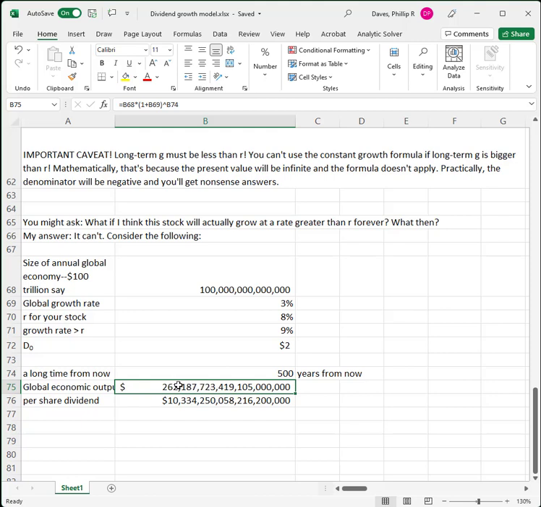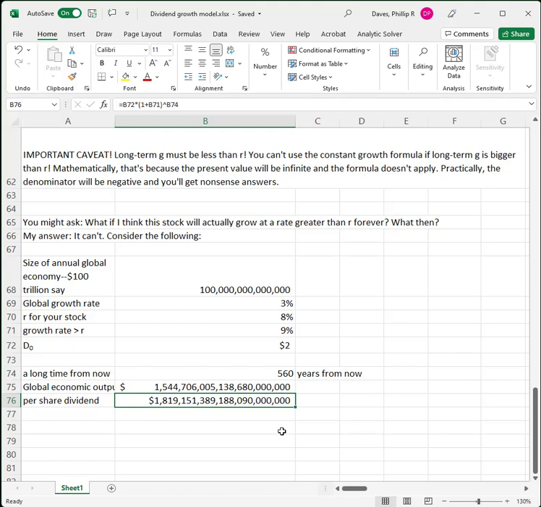That's a lot. And we have a per share dividend that's pretty doggone big too, but it's less than that. But if we go out, say, 560 years, remember this is growing at 9%, which is a lot more than 3%, we actually have a company whose annual dividend is bigger than the expected future global output.